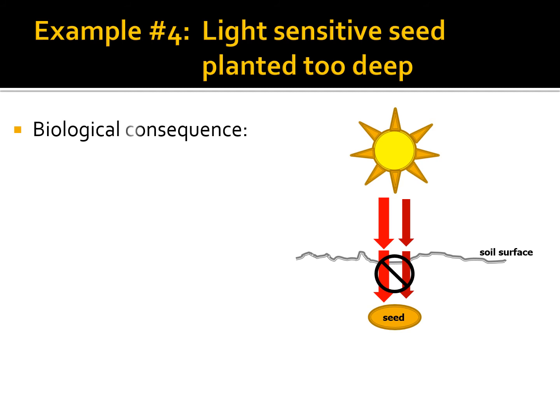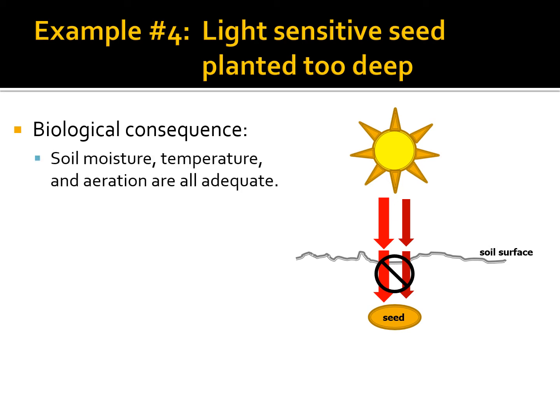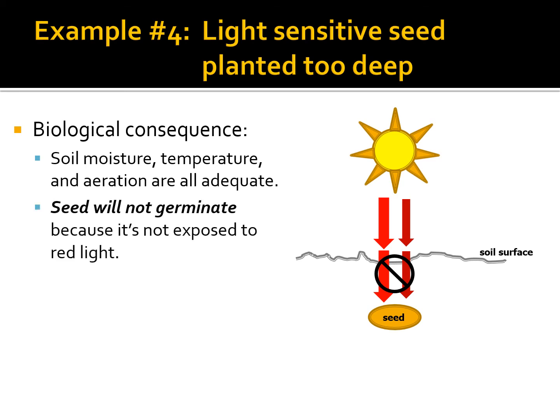If you sow those seeds too deep, or if you cover them up too much, then the seeds are just simply not going to germinate. So even though the soil moisture is good and you may have the correct temperature and you have good aeration, which are the requirements for seed germination, the seeds still will not germinate because they're not being exposed to red light, simply because they were buried too deep.